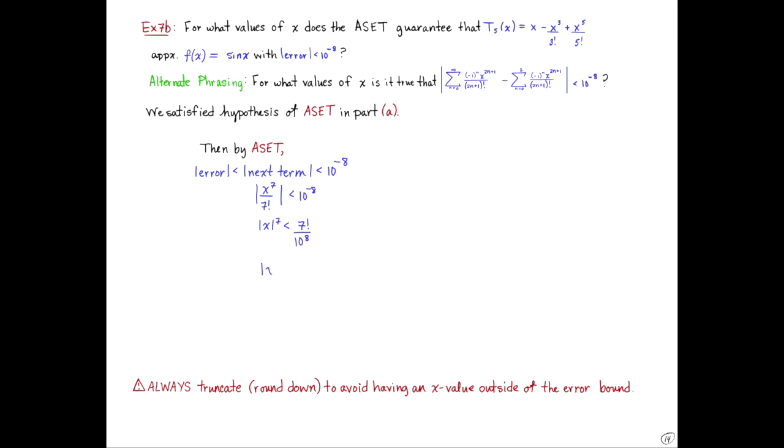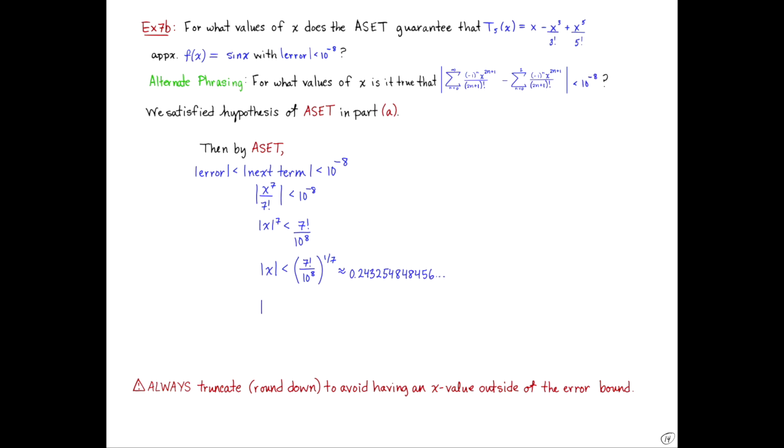Solving for x, we can take the 7th root of both sides, giving us the absolute value of x is less than the quantity 7 factorial over 10 to the 8th raised to the 1/7. Subbing that into our calculator, we have that this is approximately 0.2432548486.